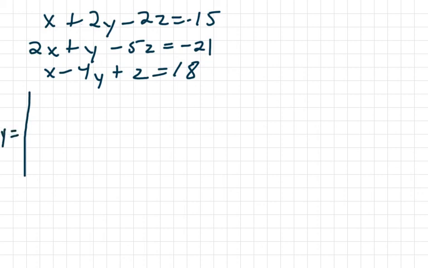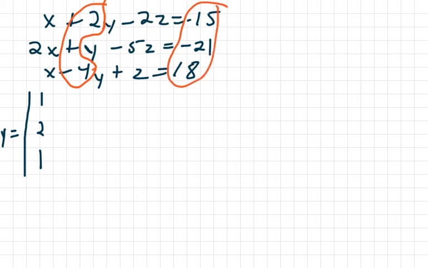So I'll leave the x coefficients in place, 1, 2, 1. I'm going to take those y coefficients out, because that's the one that I am wanting to replace with the solutions this time. So negative 15, negative 21, and 18. Throw the z's back into the ball game here.